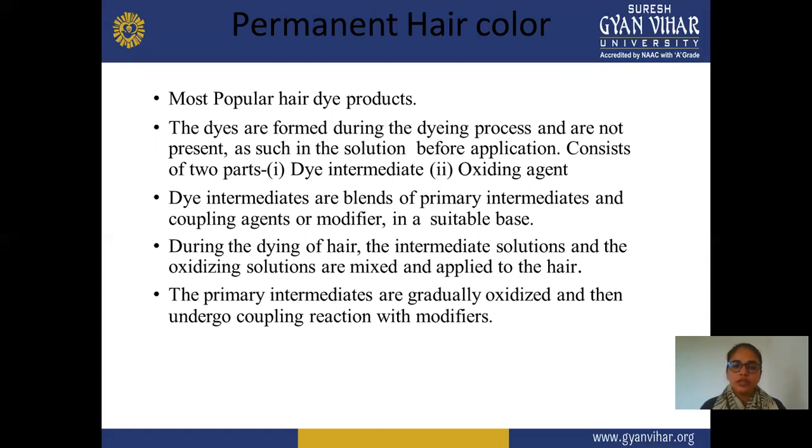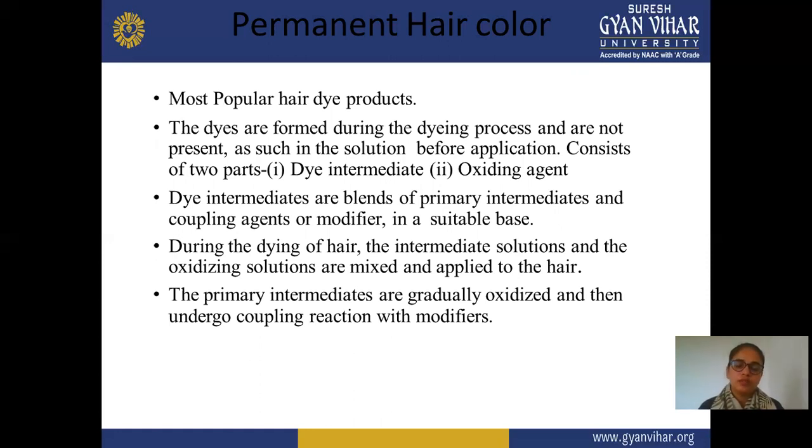And during the dyeing of hair, the intermediate solution and oxidizing solution are mixed and applied to the hair. Means after mixing the dye intermediate, we add the oxidizing agent and mix well, and due to this oxidizing agent it forms the complete solution of your permanent dye, and you apply it to the hair after mixing both the solutions.